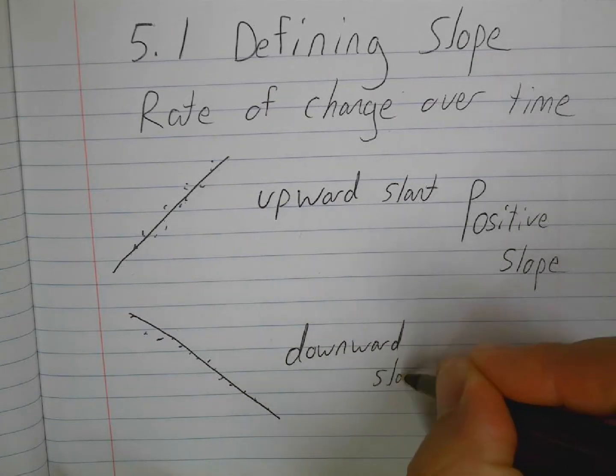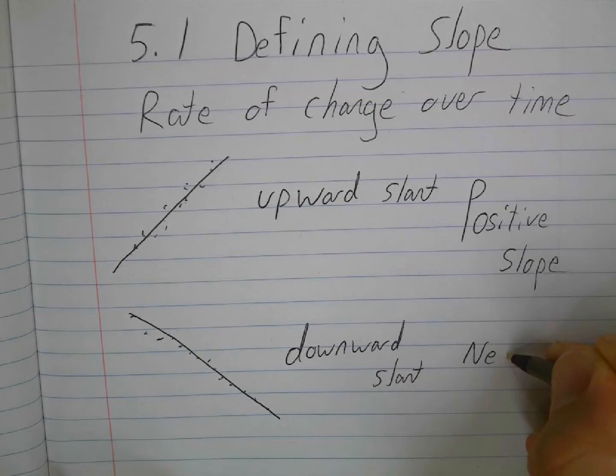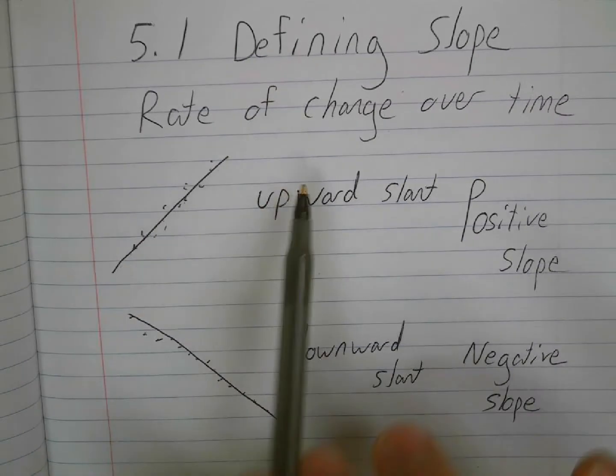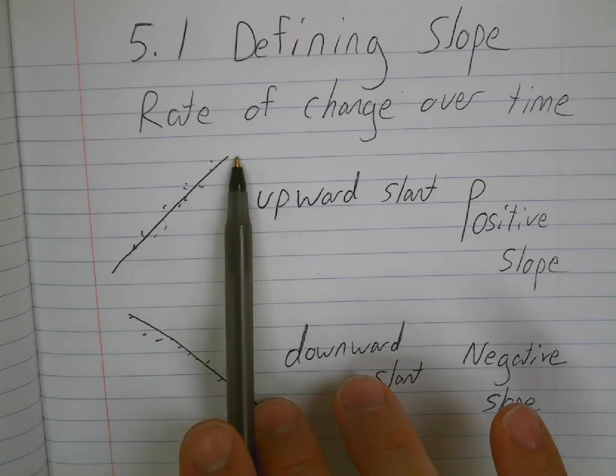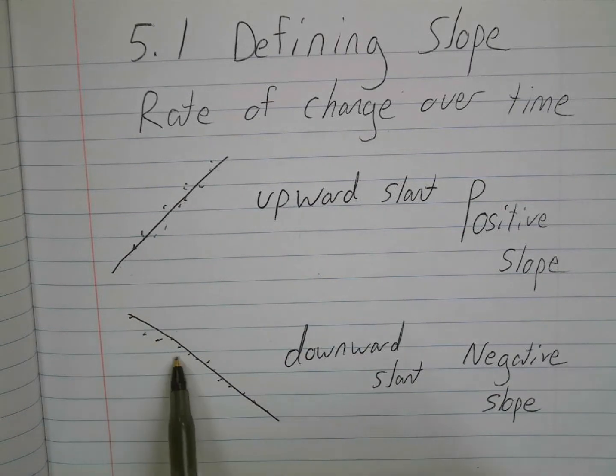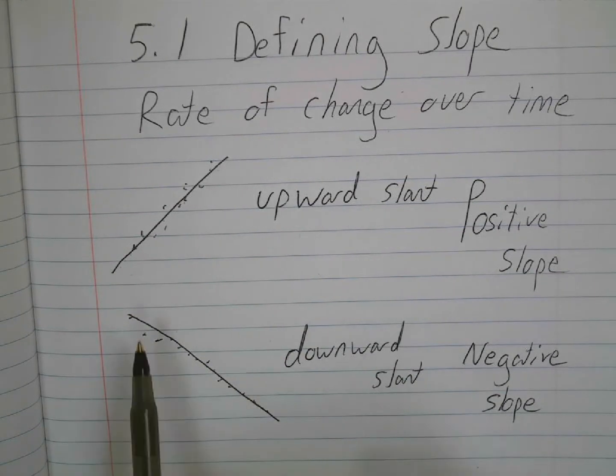I have a negative slope or a negative rate of change over time. All right, so we all read left to right. So from left to right, this was upward, positive. From left to right, this is downward, right? Downward, going down from left to right, is negative.